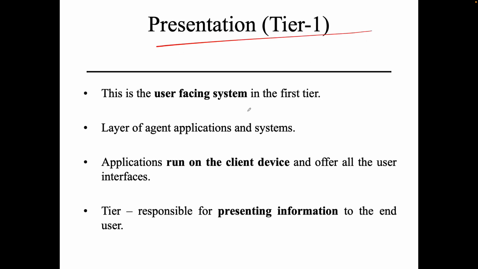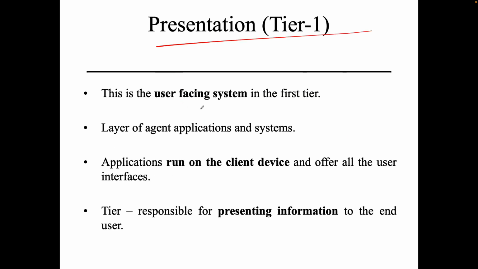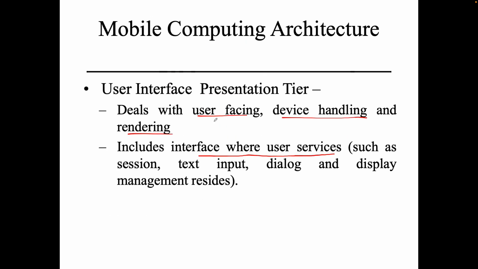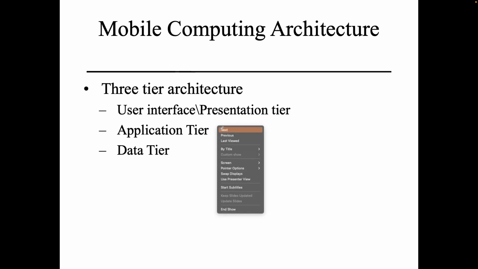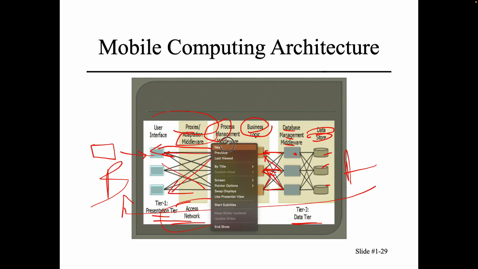Tier 1 was what? Your access layer, proxies, adaptation, middleware, access network.